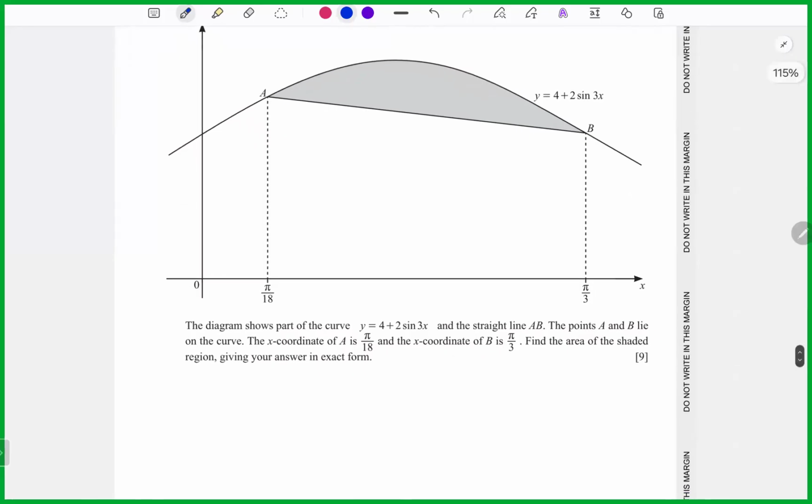Okay, we can try to find out coordinates of the A and B first.